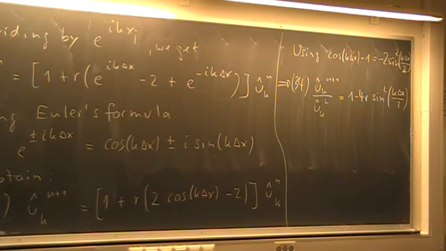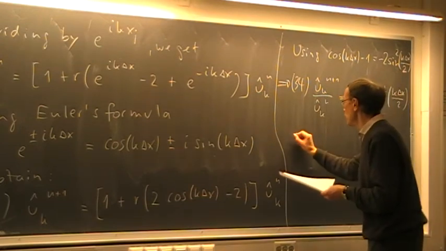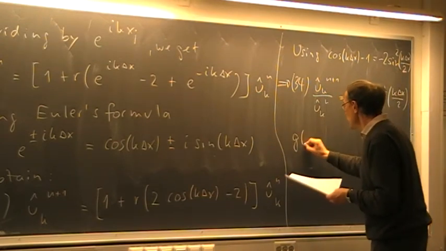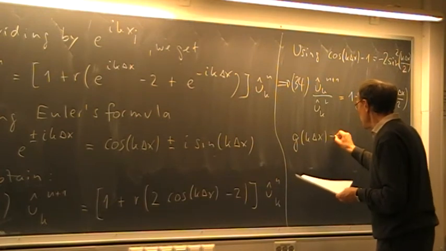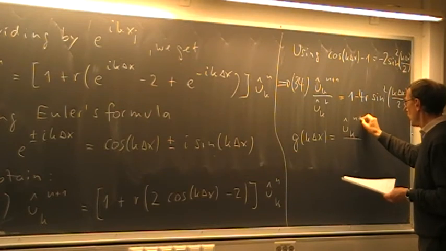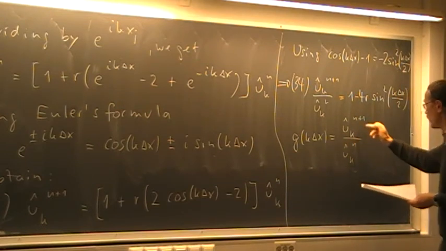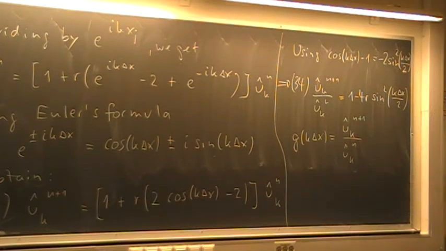And this term that we have here is called the amplification factor. So when we give it a name, g of k delta x is equal to the ratio of the Fourier transforms, the new divided by the old one, and that is called the amplification factor.